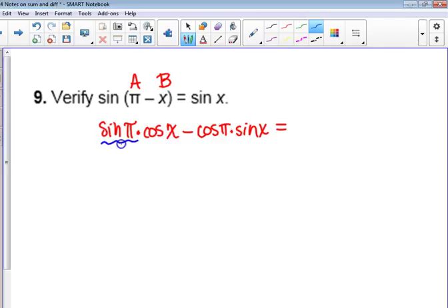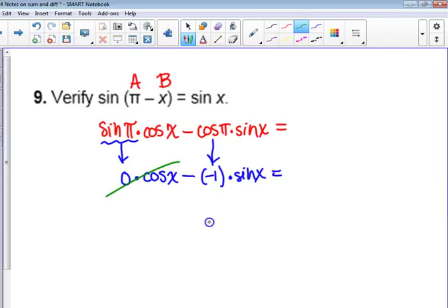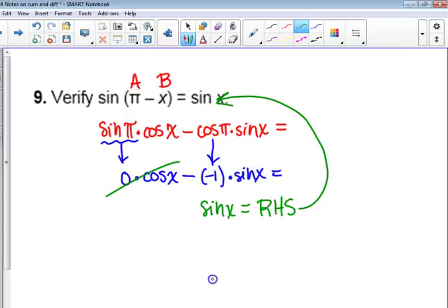Using my unit circle, the sine of pi is 0, but I'm going to write it out because I'm supposed to be showing my steps to verify. Cosine at pi is -1. 0 times cosine is 0, minus -1 times sine is +1 sine. Does that equal the right-hand side up here? That wasn't such a bad verify, right?